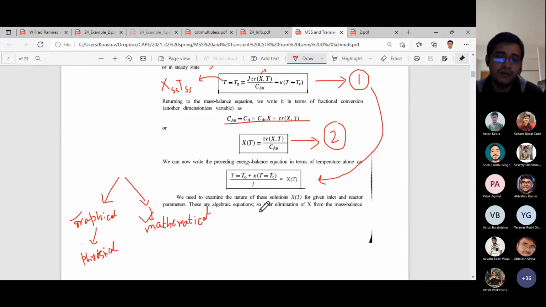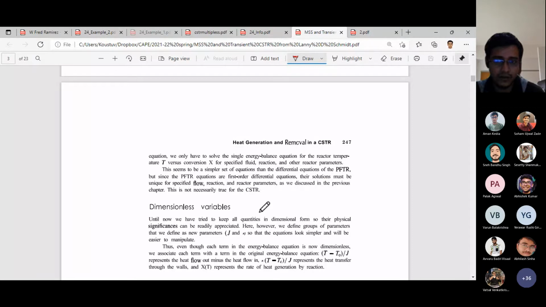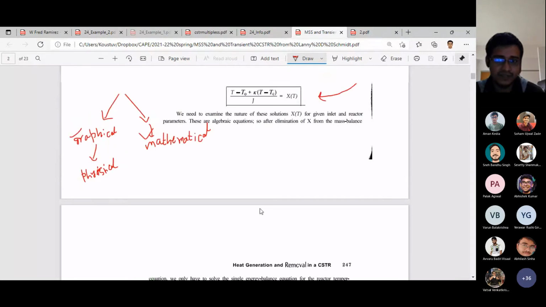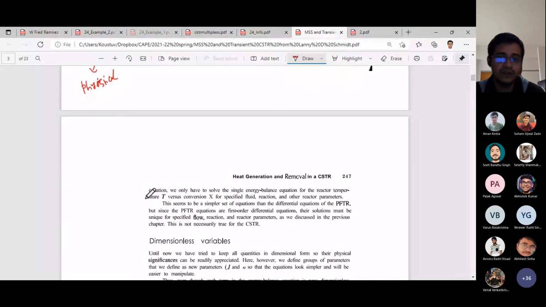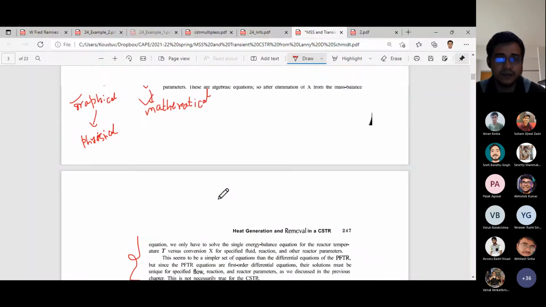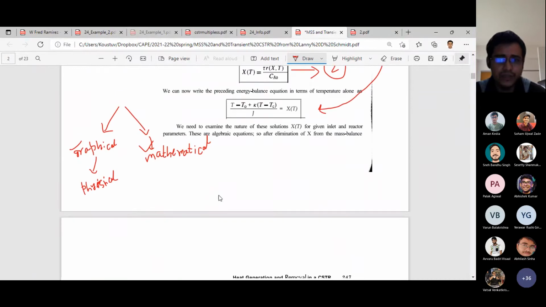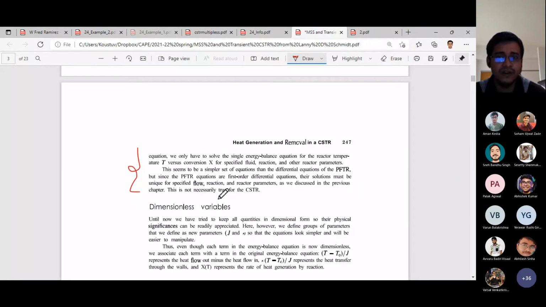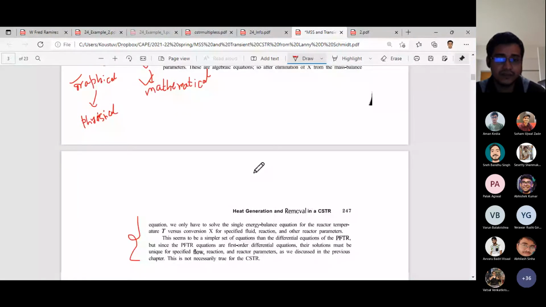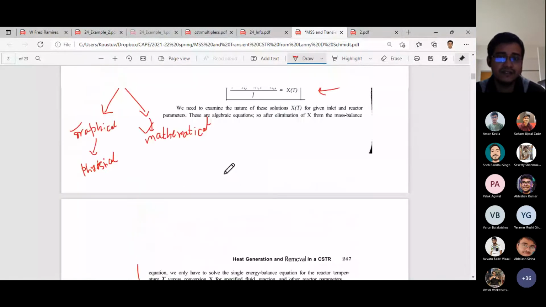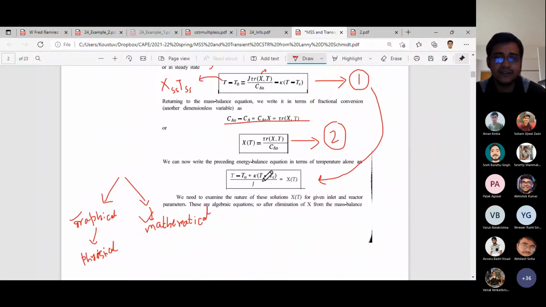Okay, now going ahead. So why this study again? If you read these lines, you will have more visualization about this: we have now got rid of rate, but we are arriving at a single equation, basically T versus X, because Tc and J, these K, these are all constant.